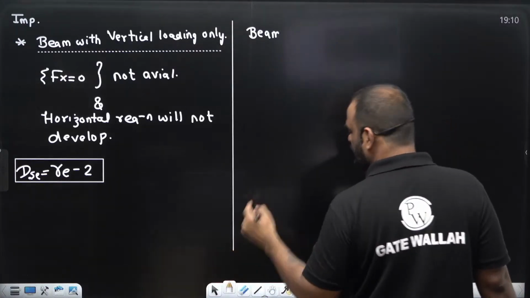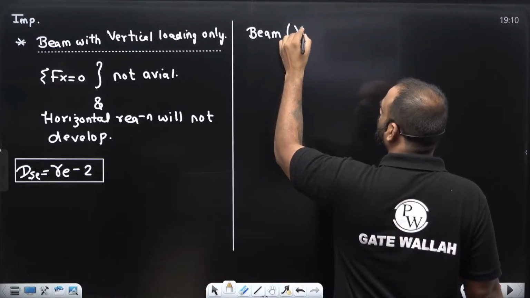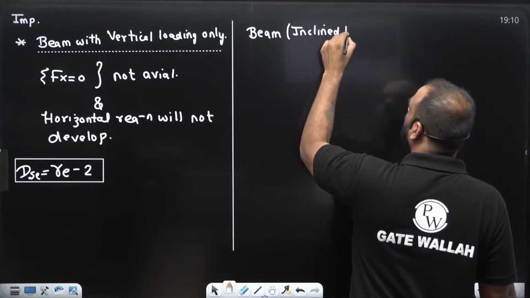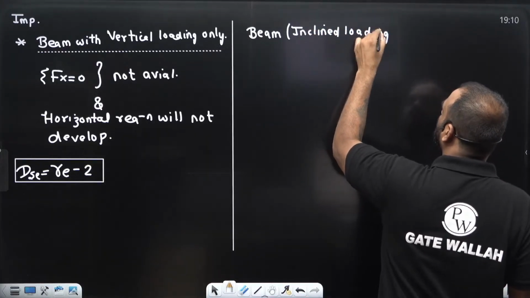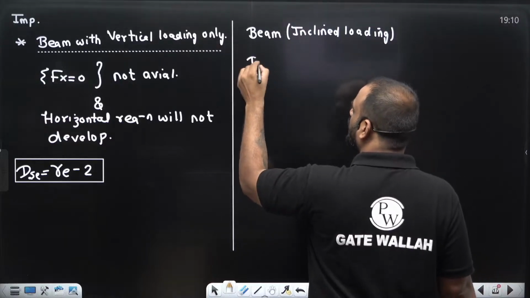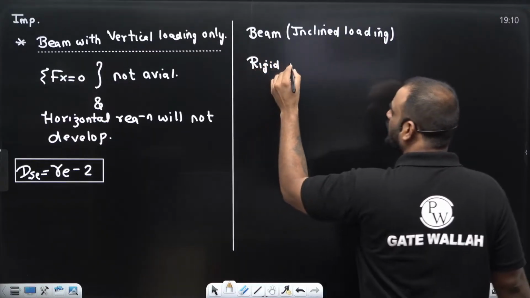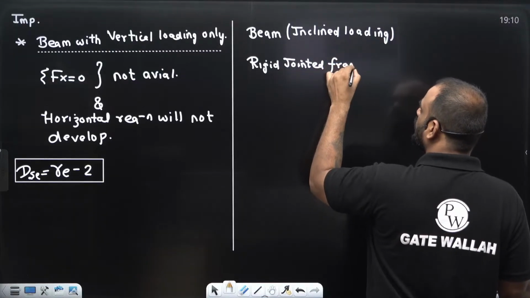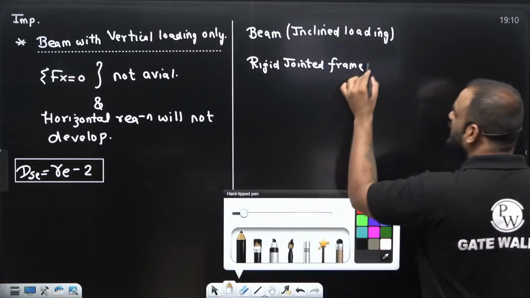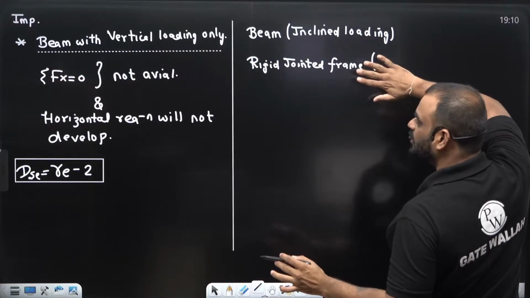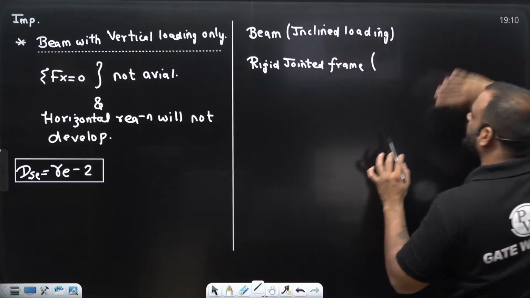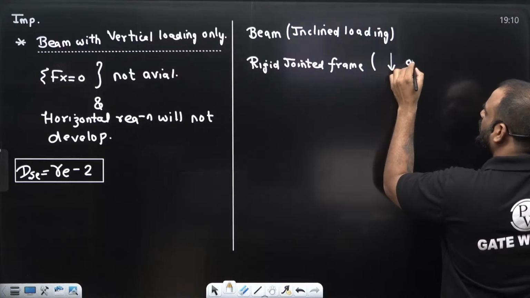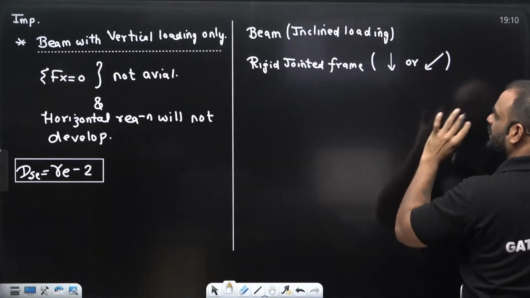If you have a beam in which inclined loading is there, then you have a rigid jointed frame, whether in this particular case, whether the loading is vertical or inclined, it doesn't matter, right? For rigid jointed frame, whether loading is vertical or inclined, it doesn't matter. So let me draw it. Whether loading is vertical or inclined, it doesn't matter, right?